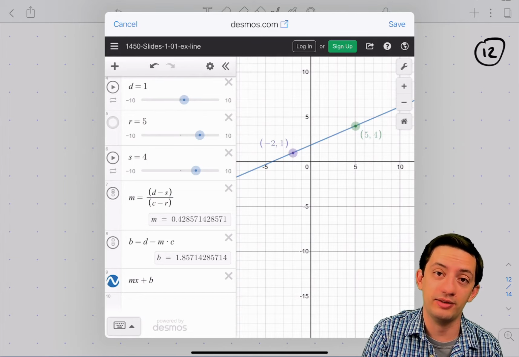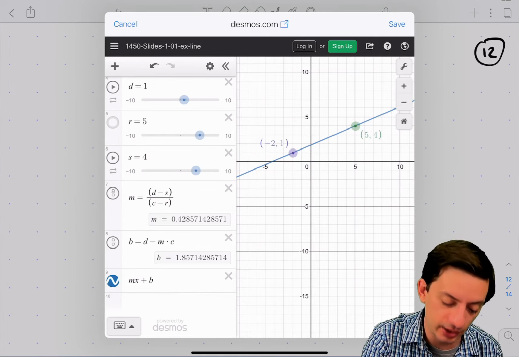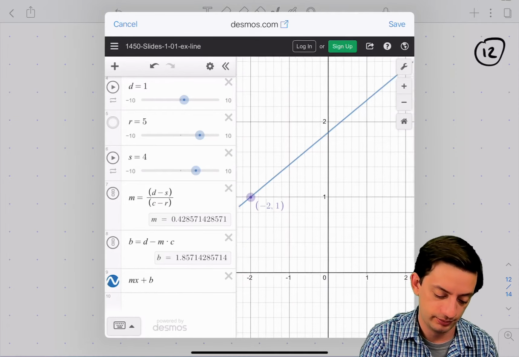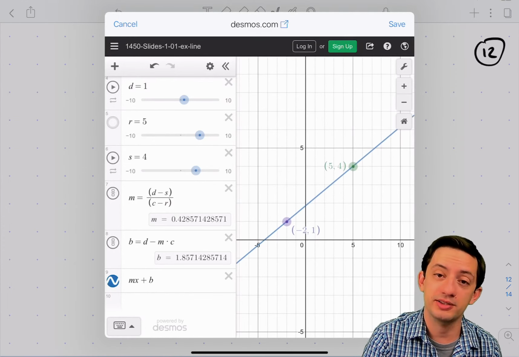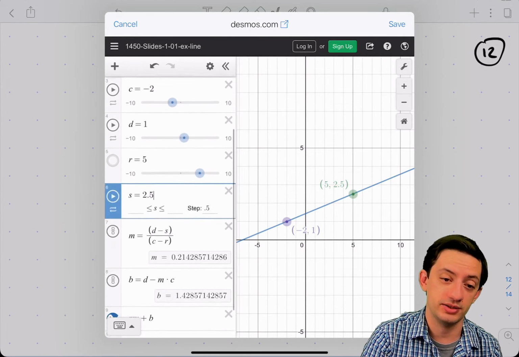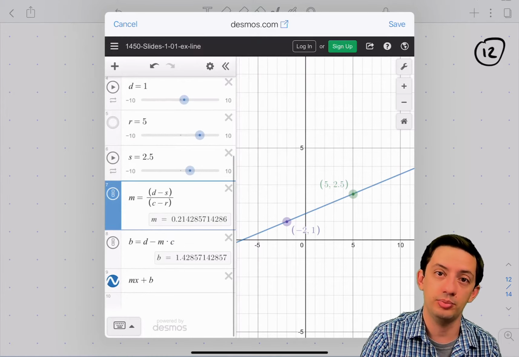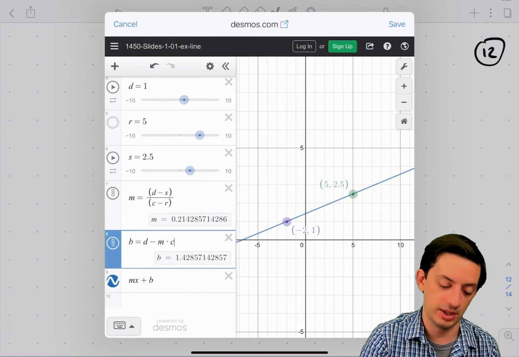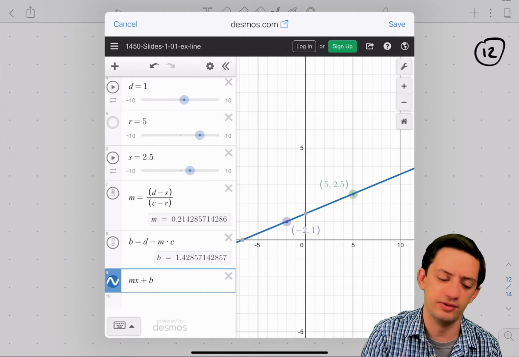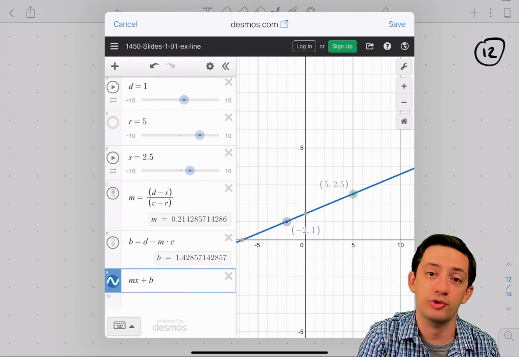That's about 1.857. And that kind of looks right if you zoom in. And so it plots the line. So what this is doing for me is I'm picking the points, it's calculating the slope, it's calculating the y-intercept, and then it's plotting this blue line on top of it. So we're kind of seeing confirmation that our formulas work.